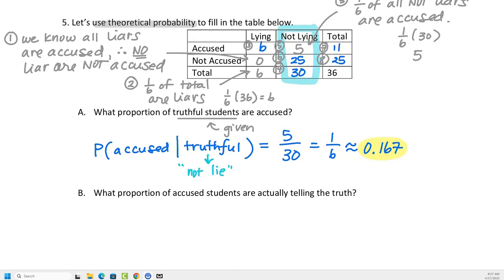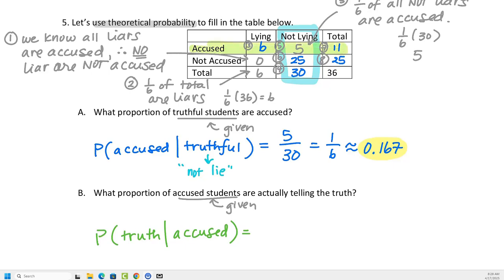What proportion of accused students are actually telling the truth? So again, our given, proportion of accused students, there's my given, are actually telling the truth. So this time I'm going to find the probability that they are telling the truth given they were accused. Okay, so looking back up here, we're accused.